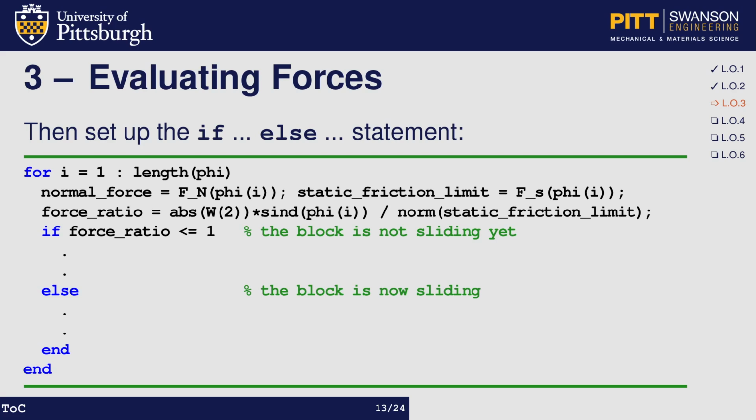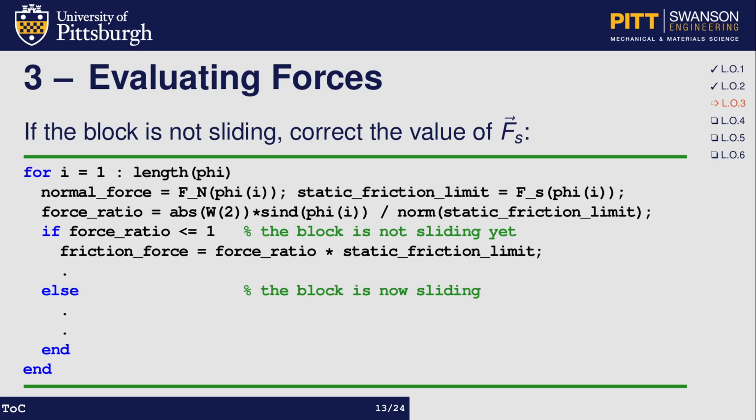On the flip side, if the force ratio is above 1, it means that the weight directed down the incline is greater than the theoretical maximum value of the friction force keeping it in place. Therefore, the block starts to slide, which we will denote using the else keyword.